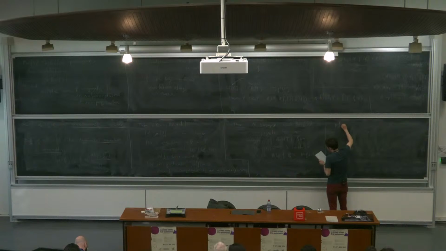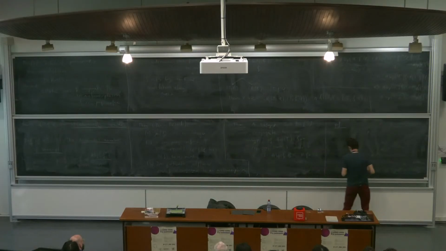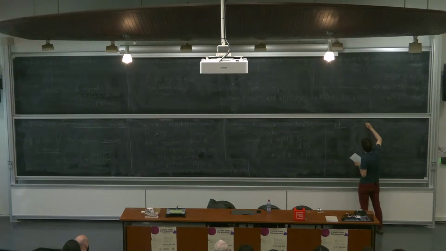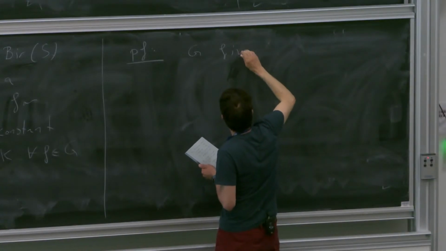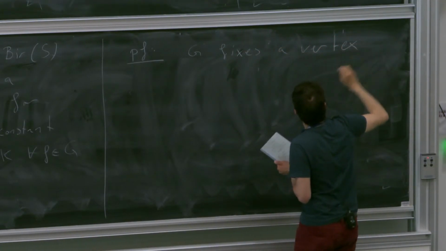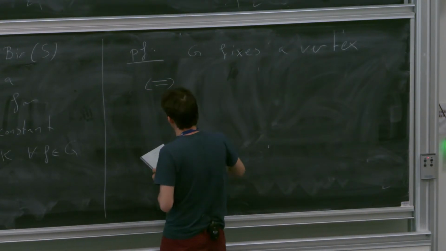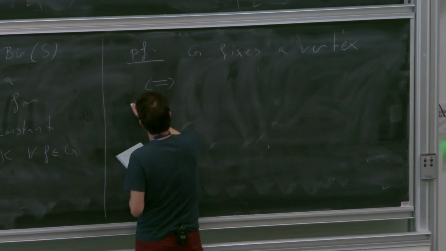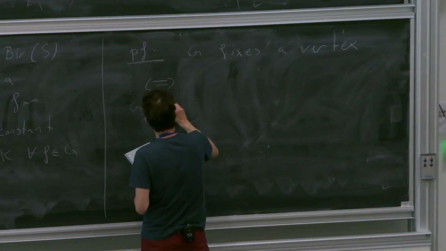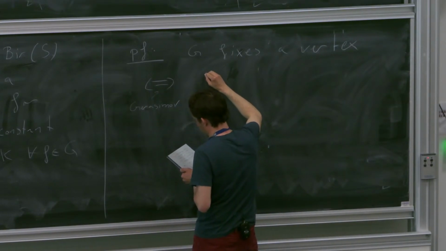Okay, so the proof of this is, well, that's a generalization of this last statement, but just for two groups. We observe that G fixes a vertex if and only if, and here we need the theorem of Gerasimov for one direction, if and only if the orbits of G are bounded.